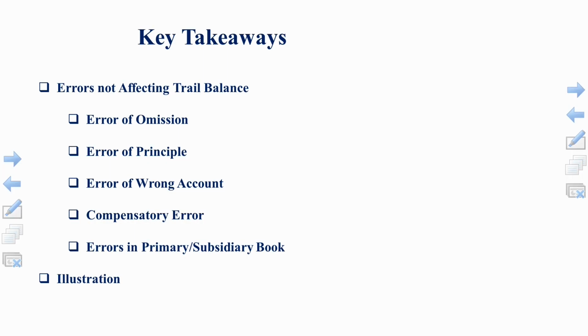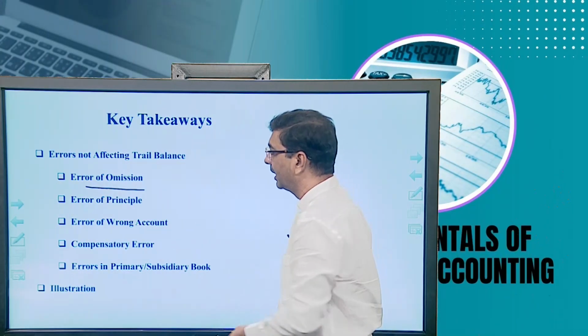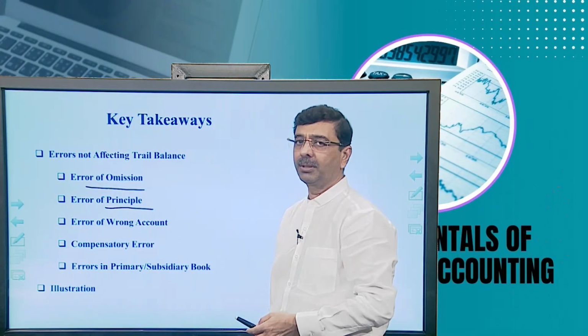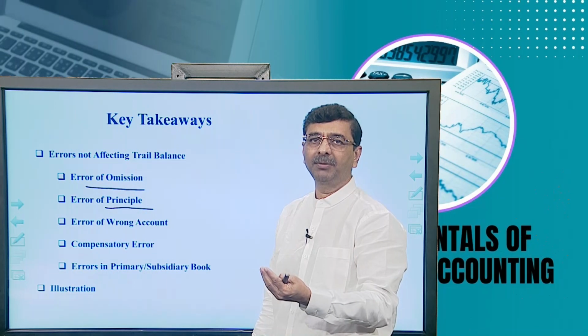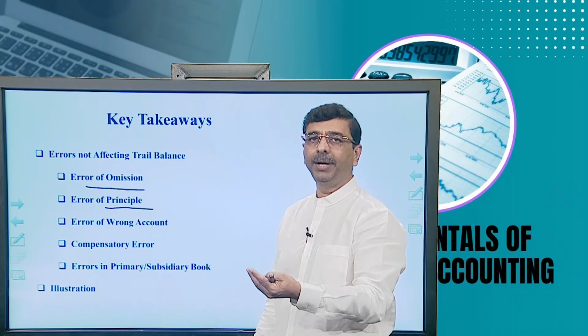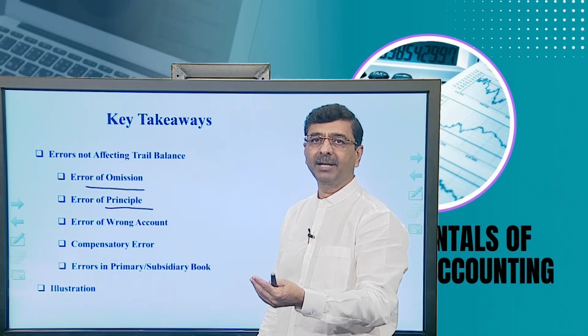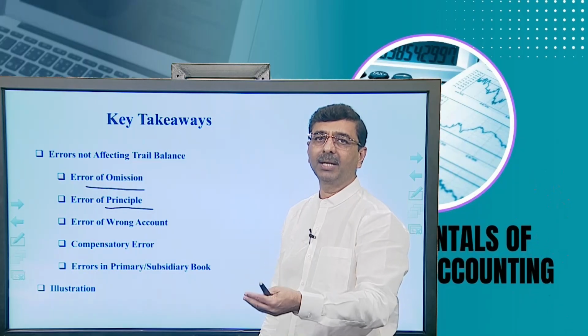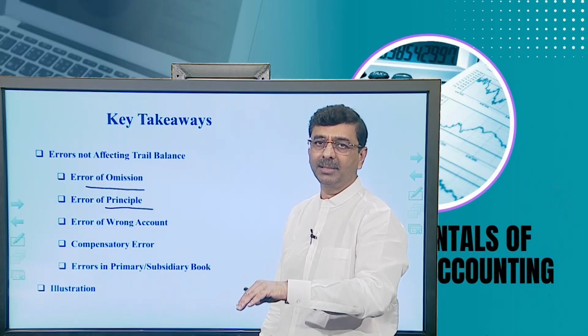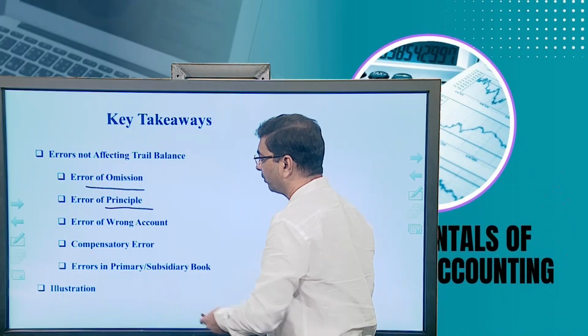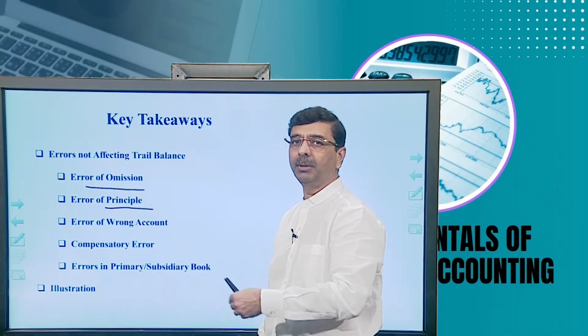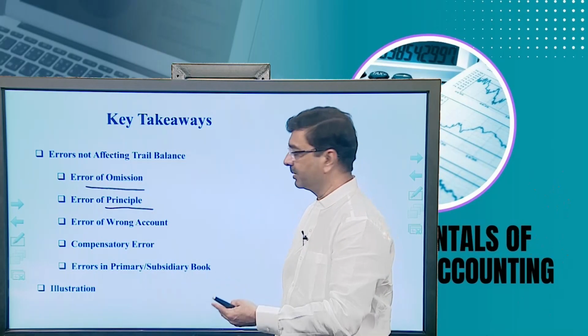First is errors of omission which may not be affected to the trial balance. Error of principle, that means at the time of recording a transaction, they avoided following the rules and regulations of debit and credit, as well as intentionally or unintentionally recording the entry in the books of accounts without applying proper GAAP rules.